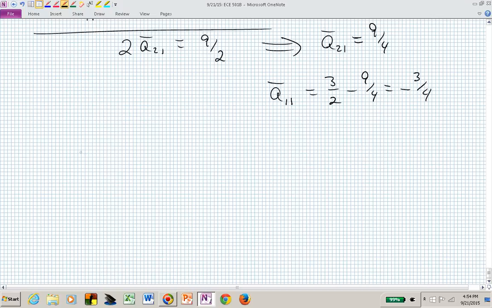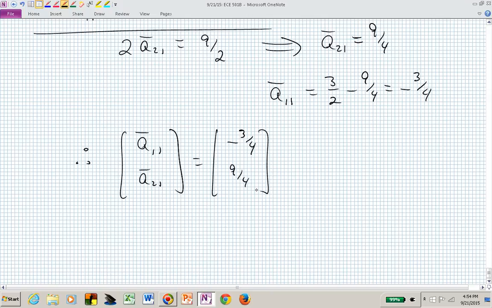That's now how we would combine W1 bar and W2 bar in order to produce the point 1.5, 3. So that we now take minus 3/4 of W1 bar, or that's the scalar that we scale W1 bar with, and 9/4 to scale W2 bar.